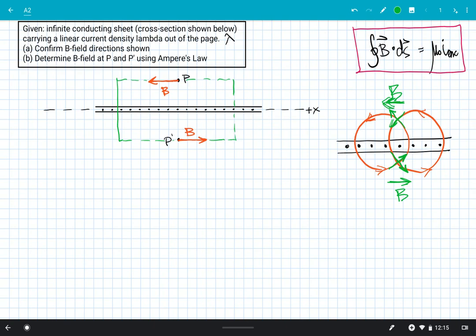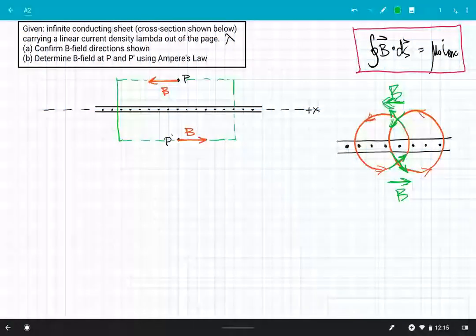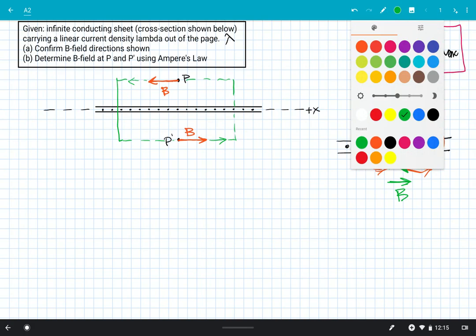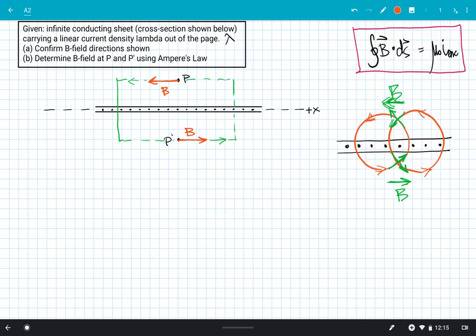So basically the top and bottom of the Amperian loop, that rectangle shape, the path is going to go right along with B, and I'll make my integration direction go in the same direction as B, just to not have a sign issue there. So that'll be totally parallel to B along the top and bottom sides. And then on the left and right sides, you can see that my B field is going to be like this, right?